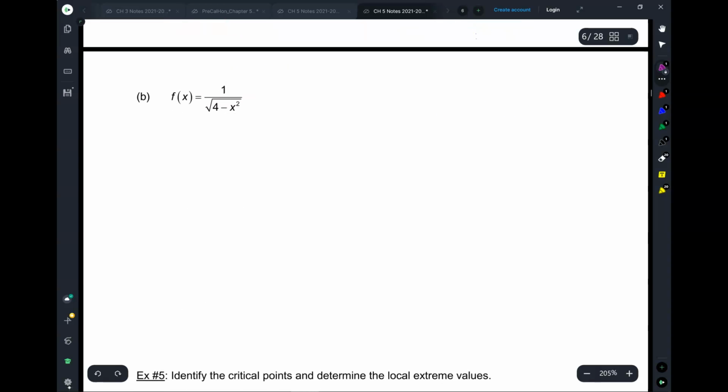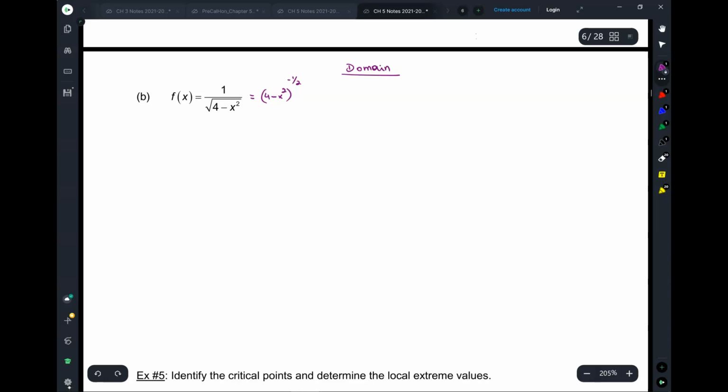Okay. So let's do another one. This one, we're going to take a derivative. Hello, chain rule. Let's write it like this. Okay, we need to find the domain first.